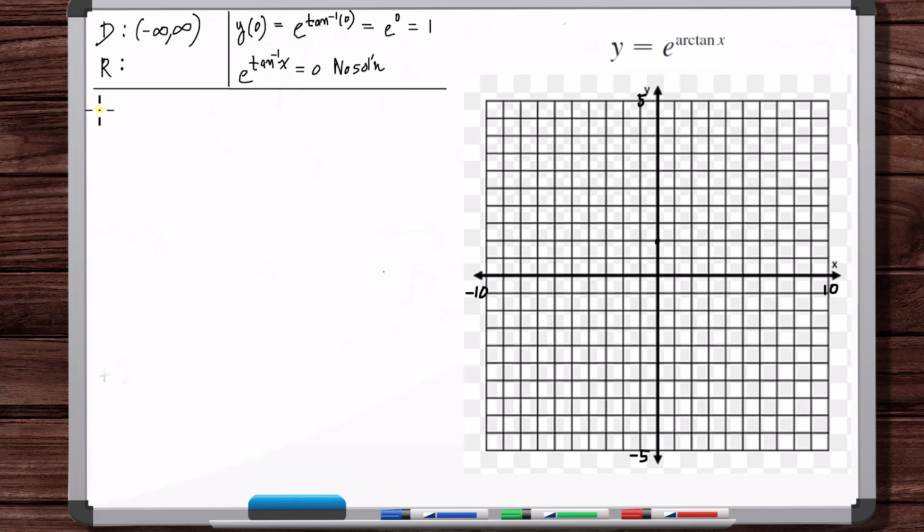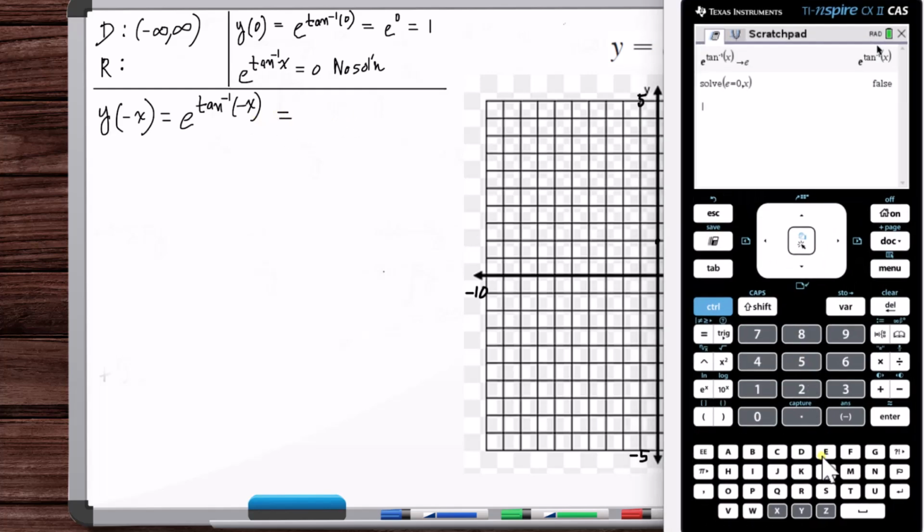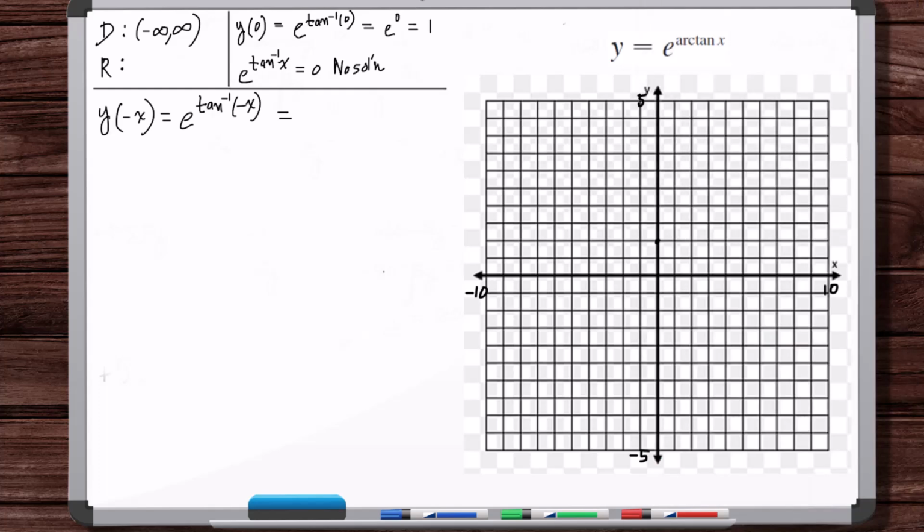Next, let's check for symmetry. Is this an even function? So y of minus x is equal to what? So e to the arctangent of minus x is what? E to the minus arctangent of x.